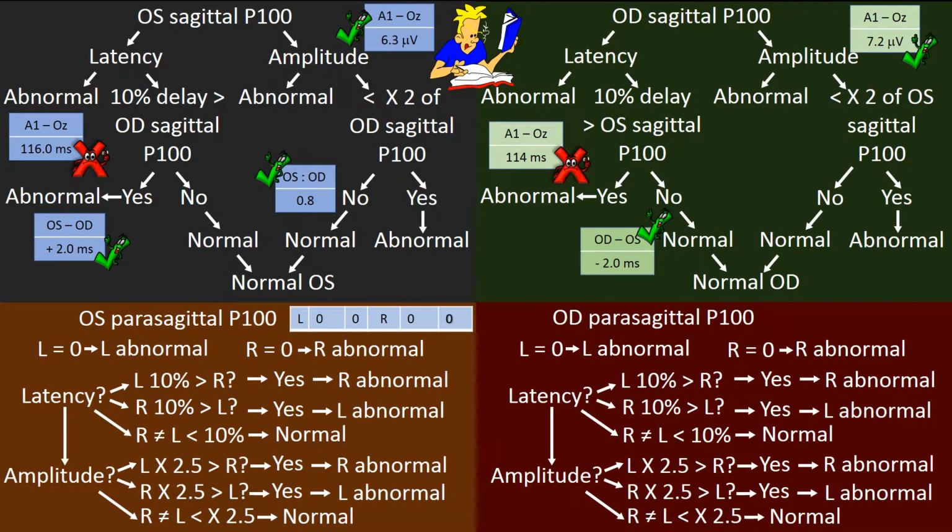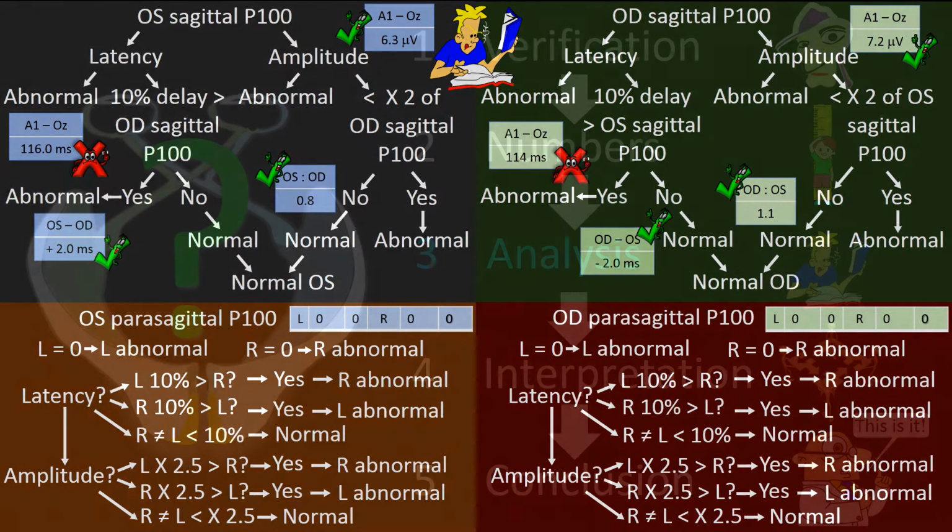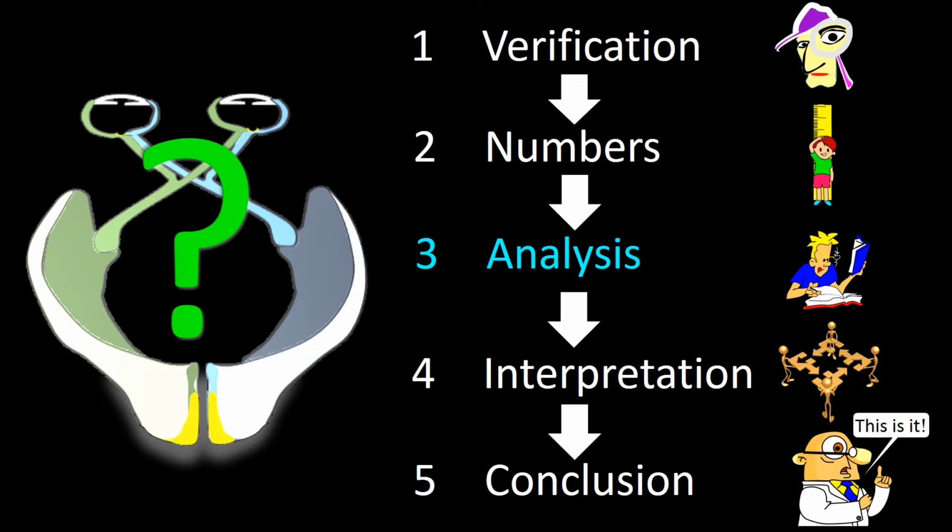The right sagittal P100 amplitude was normal. The left to right sagittal P100 amplitude difference is also normal. Right parasagittal were not done. Once the analysis step is finished, we move to formulate the interpretation.